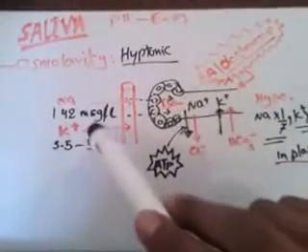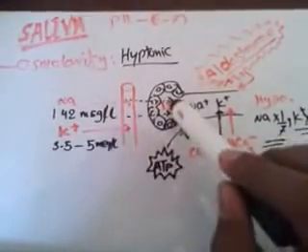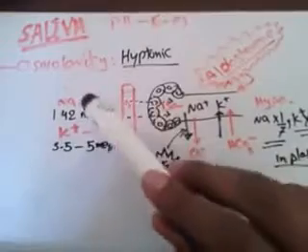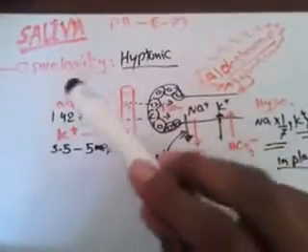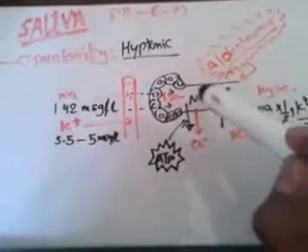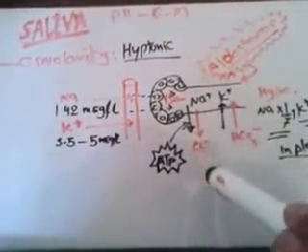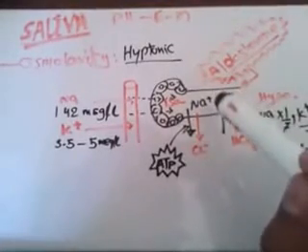I said already we have an isotonic solution here in relation to plasma, so the concentration of the sodium and potassium here is the same as the concentration of sodium and potassium here. But when this occurs, the sodium is going to be less, the potassium is going to be more, right?